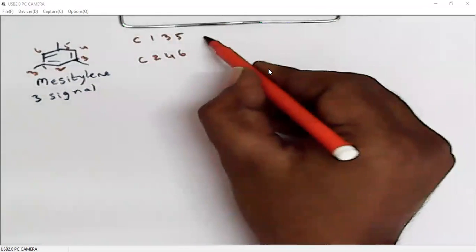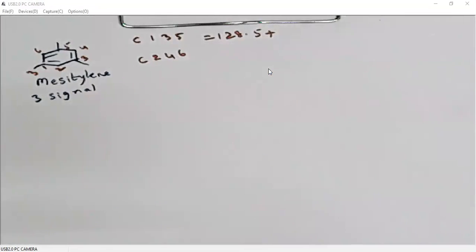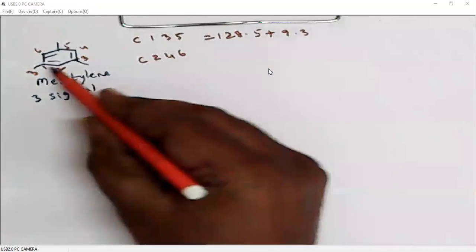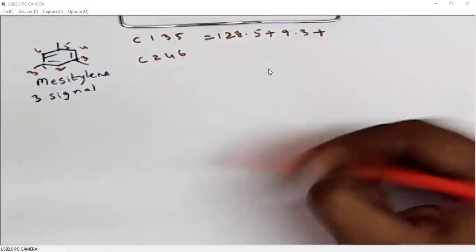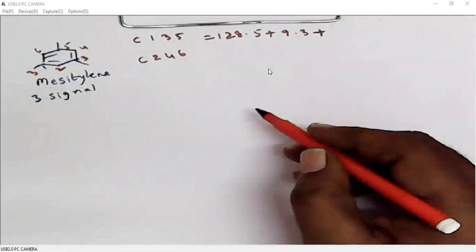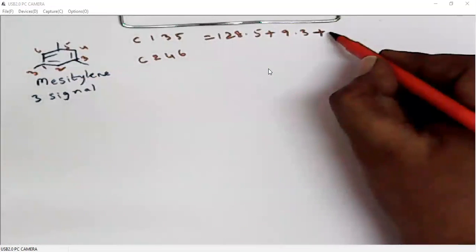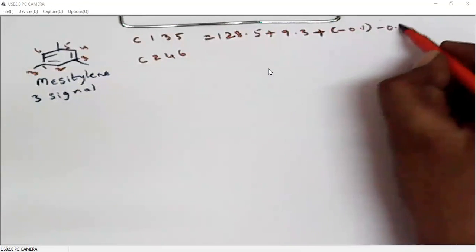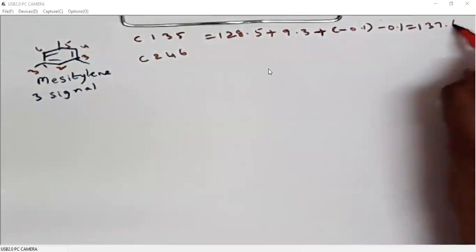Now the base value is 128.5 plus, when we have a methyl group, 9.3 if it is at alpha position. We don't have anything at the other positions, so we will ignore it. But we have a meta methyl group, where we need to subtract 0.1, so we will also ignore it. When we do this, we get around 137.6 ppm.